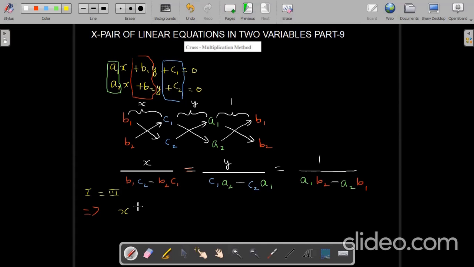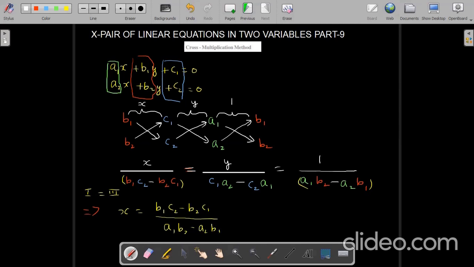So we get x upon b1 c2 minus b2 c1 is equal to 1 upon, and this will cross multiply with 1. So we get x is equal to b1 c2 minus b2 c1 upon a1 b2 minus a2 b1.